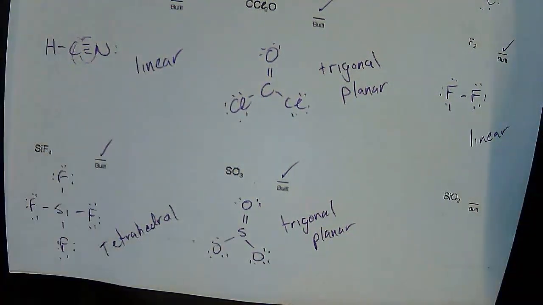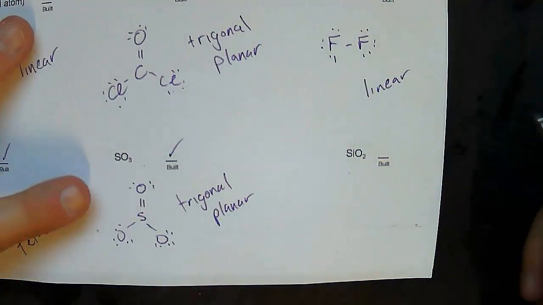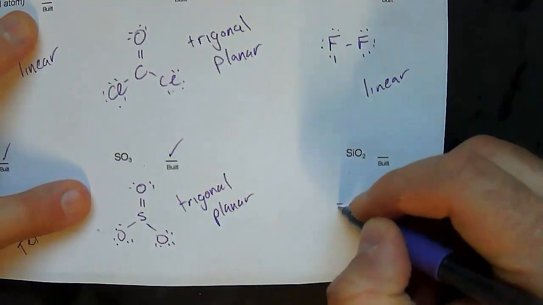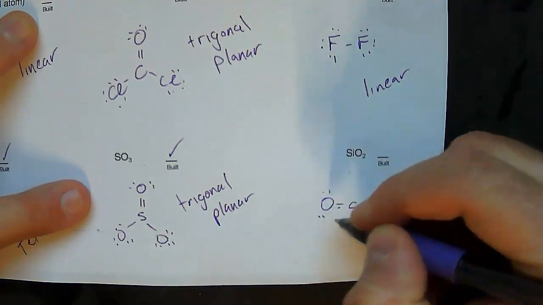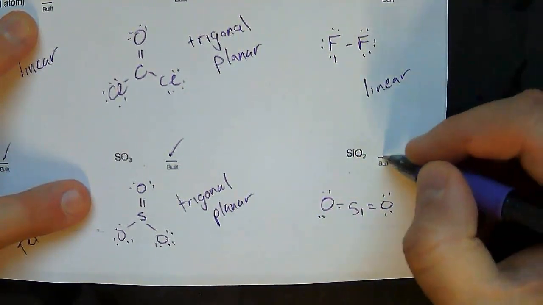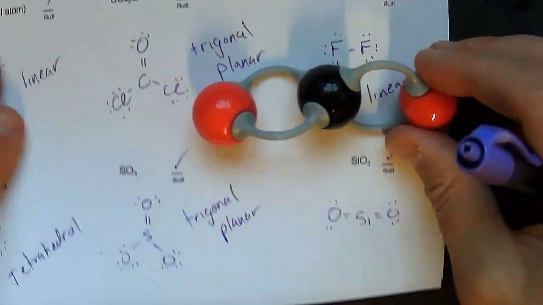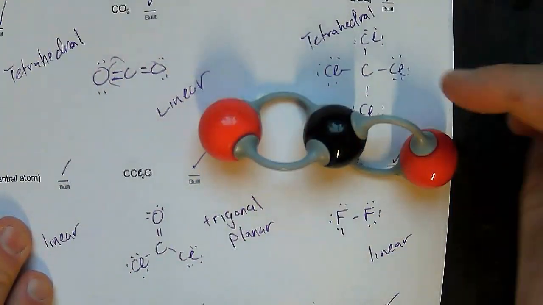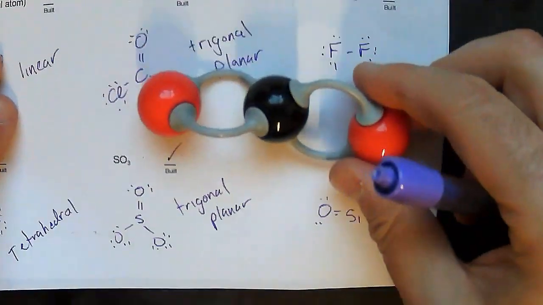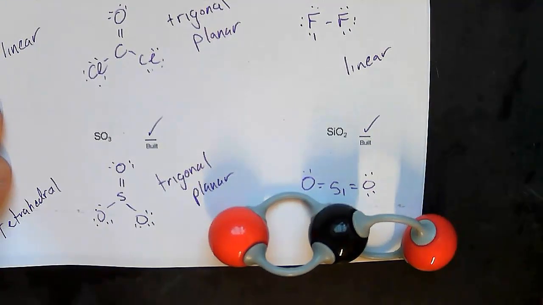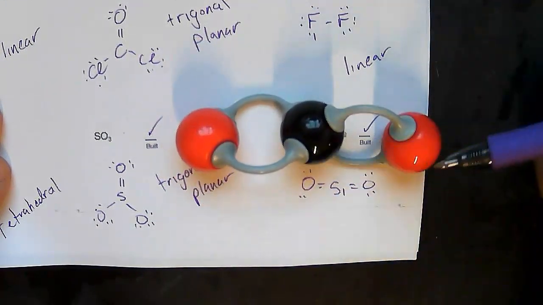And the last one here, SiO2 is going to be Si with a double bond on either side. I built that. That one looks like this. So that and CO2 look exactly alike, right? Again, it doesn't matter what kind of atoms are in it. It just matters that they're in a line.